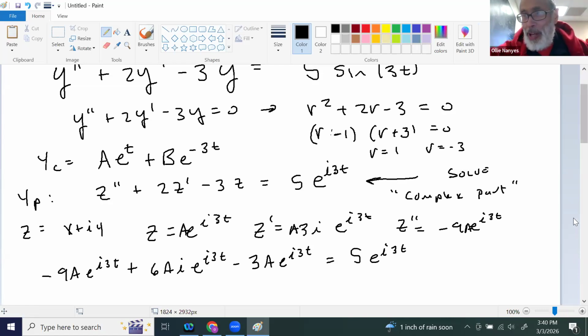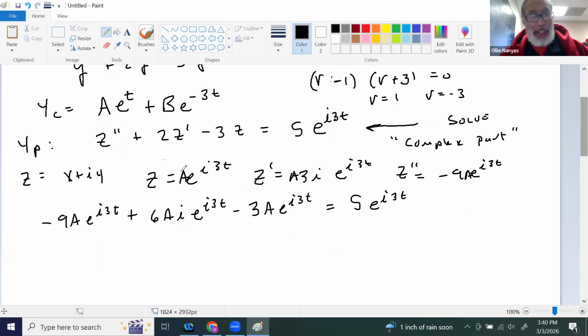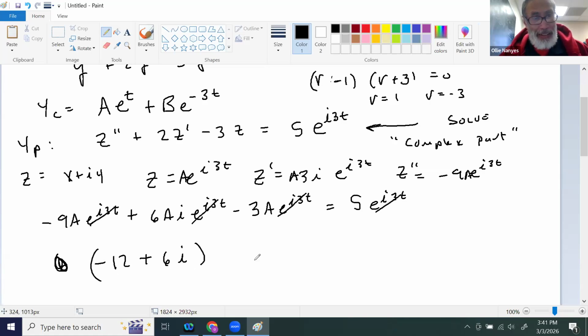Now remember, a is going to be complex. So let's gather some terms here. Let's first cancel the exponentials for right now. I have minus 12 times a plus 6i times a is equal to 5.